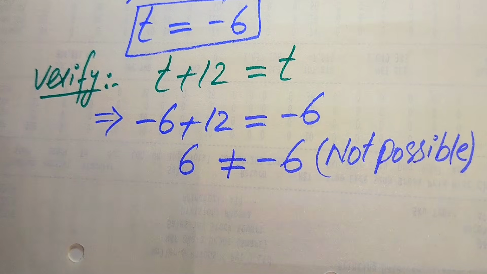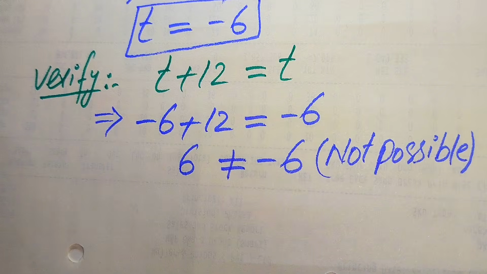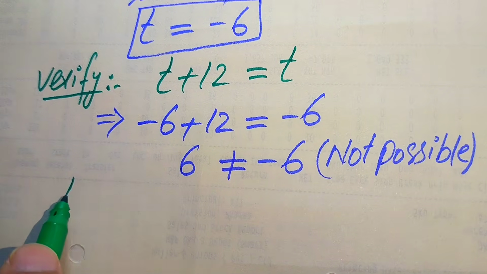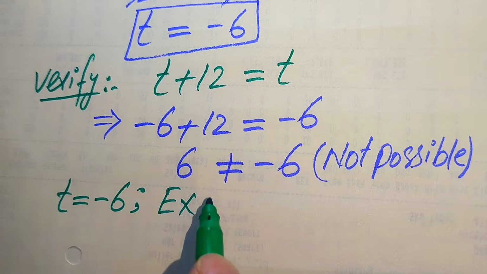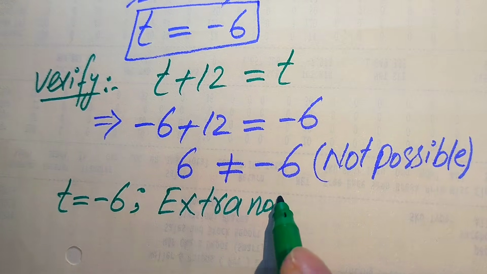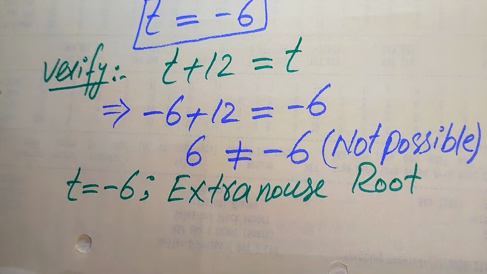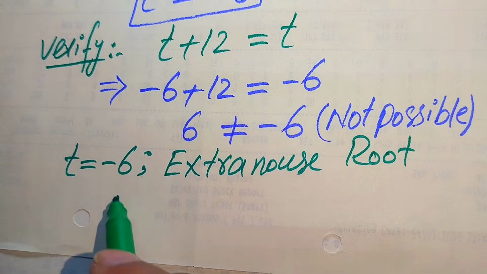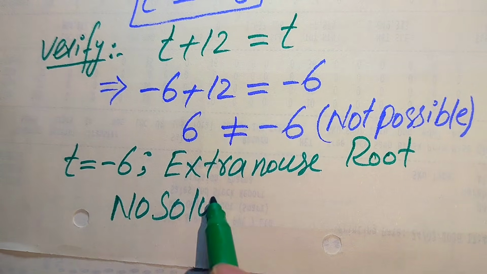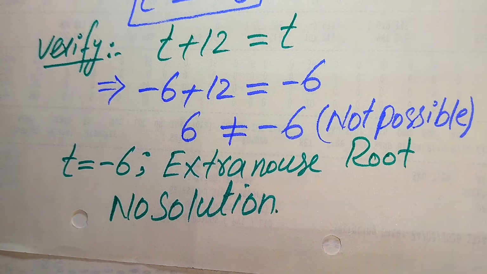So this means that the above value t is equal to minus 6 does not satisfy our given question statement, and we call t is equal to minus 6 the extraneous root of the given equation. This is the extraneous root because it does not satisfy our given question statement. So finally we conclude that this question has no solution in general, because we cannot get any value of t which satisfies our given question statement.